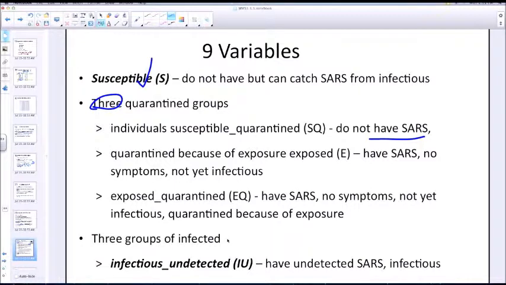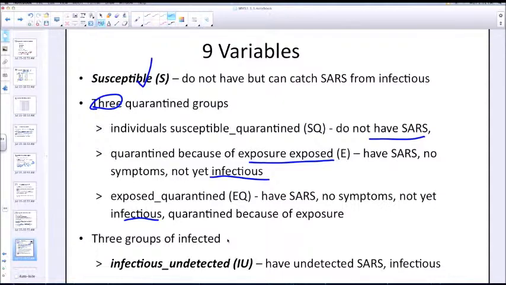The second, they have been exposed to the SARS. They have SARS, but no symptom, so not yet infectious. The third, they have the SARS, no symptom, but are infectious, and are quarantined.